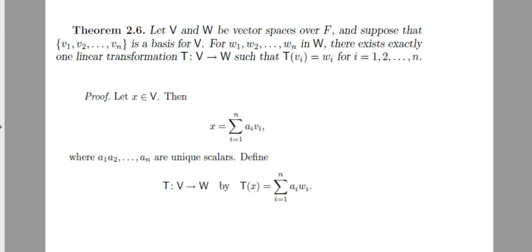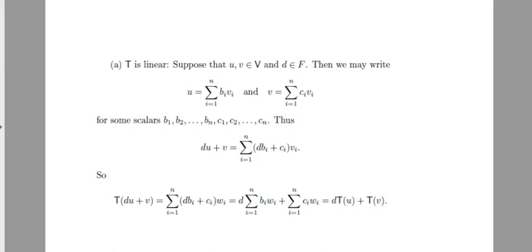Now we define a map T from V to W by T(x) equal to summation i equal to 1 to n of ai wi. We first show that this T is a linear map. Suppose that u and v belong to vector space V and d is a scalar from field F. Then u is equal to summation bi vi and v is equal to summation ci vi, where all bi's and ci's are scalars.